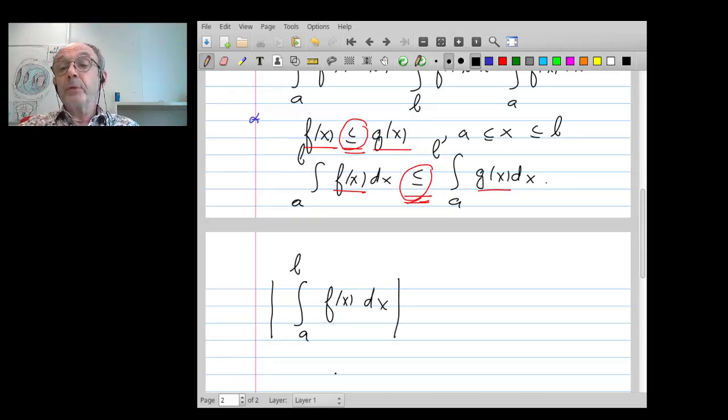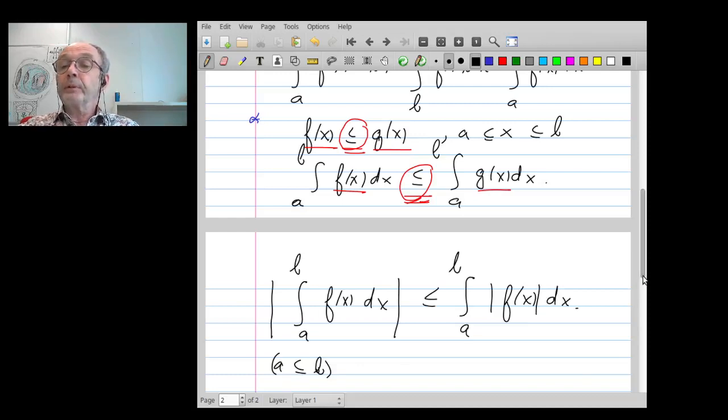Now, if your a is less or equal to b, and let that be always the case, and you have this integral with absolute values around it, you can also put the absolute value inside the integral, so you get less or equal the integral from a to b of the absolute value of f(x) dx.